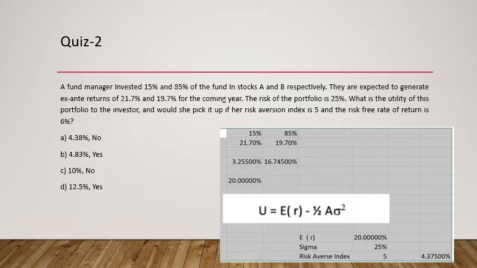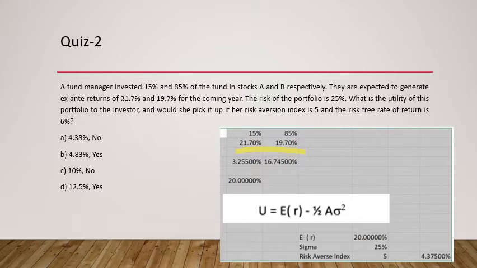Now, to solve this particular problem, remember you need to be very well conversant with the formula which has been mentioned here. So how do you solve it? So the first step in the solution of this is to find out what is the portfolio return, and to find out the portfolio return you have to consider two things.